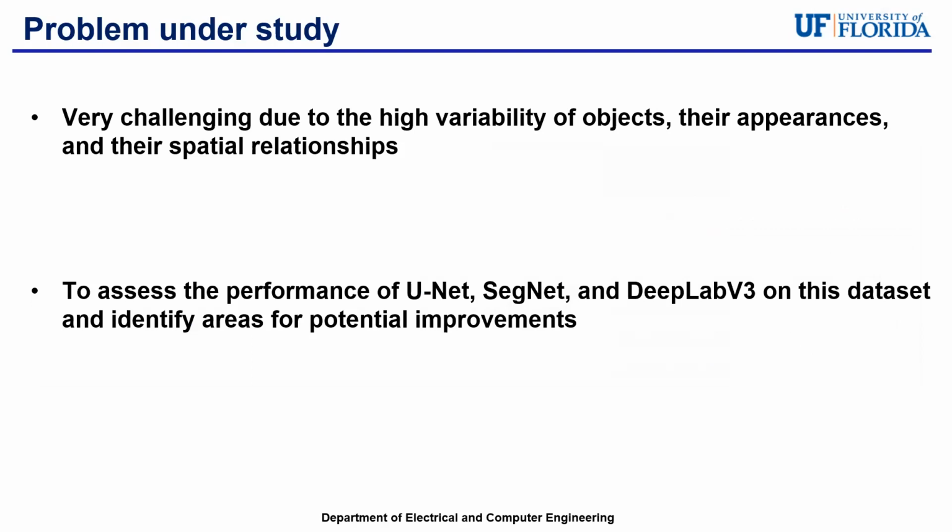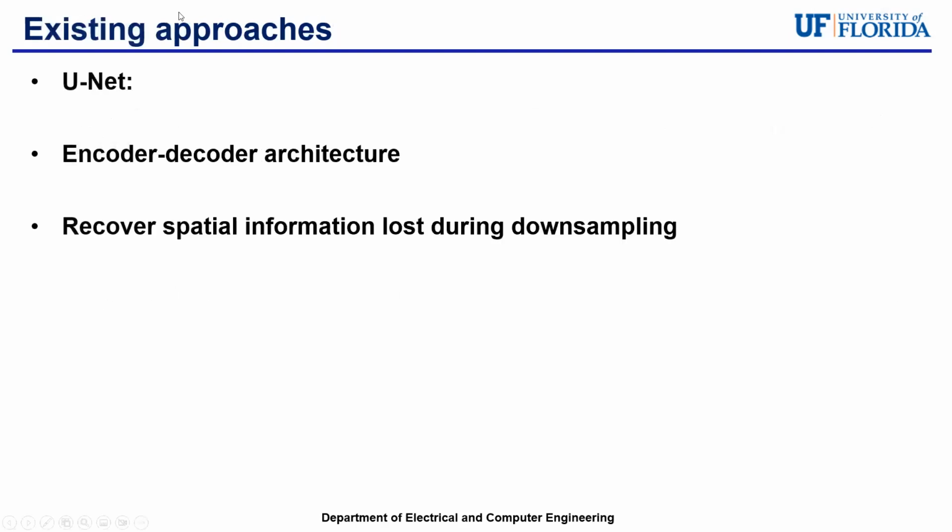Our objective is to assess the performance of U-Net, SegNet, and DeepLab v3 on this dataset and identify areas for potential improvements. The three models we're focusing on have been widely used and achieved state-of-the-art performance in various semantic segmentation tasks. The first one is U-Net.